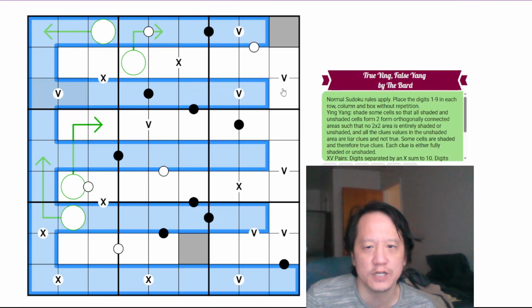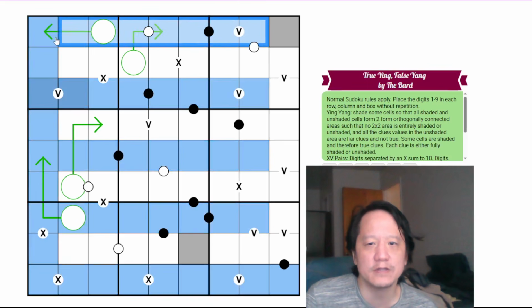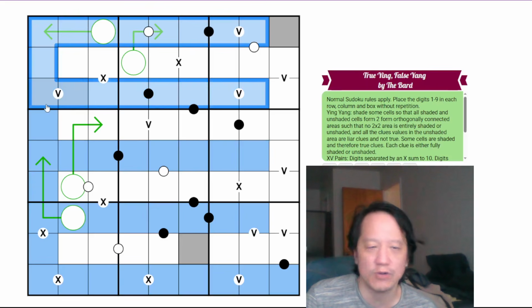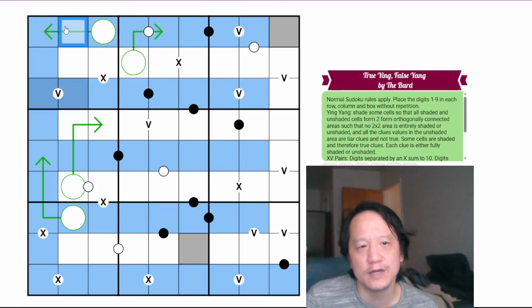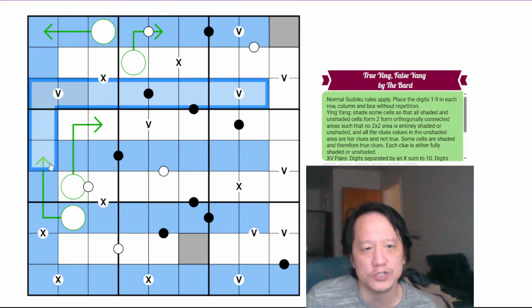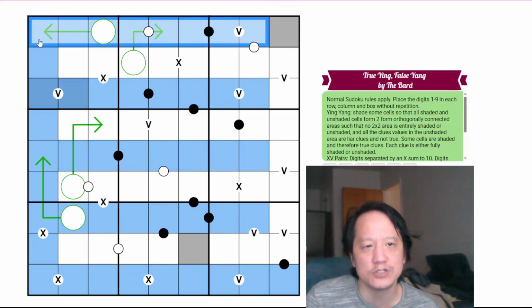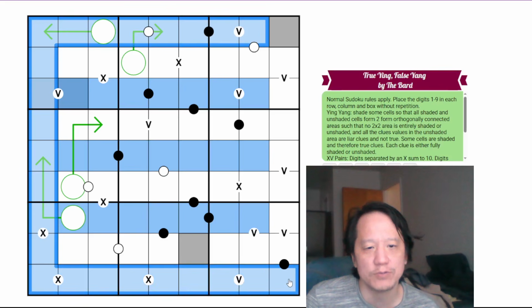Okay, so yin-yang shading. What does it mean to be an orthogonally connected area? Or as I like to put it, an orthogonally connected region. It means you can go from any cell in that region to any other cell in the region just by going through edges, all while staying within the region.